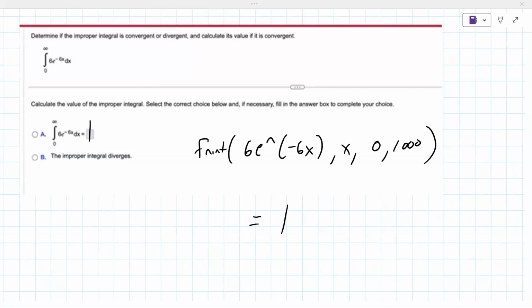I'm doing something wrong on this. I got like 5.06. Did you put the e in the -6? Yeah, negative 6x, x, comma 0. Let me check on the other one here.